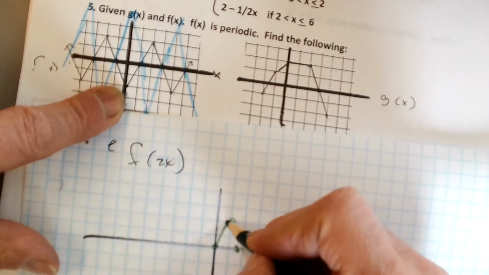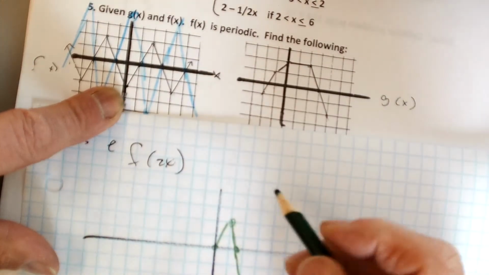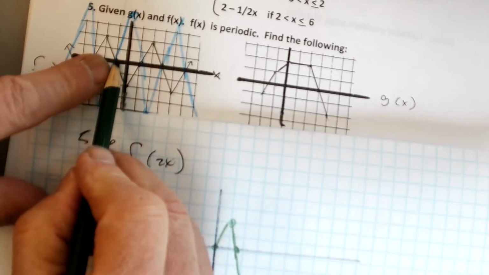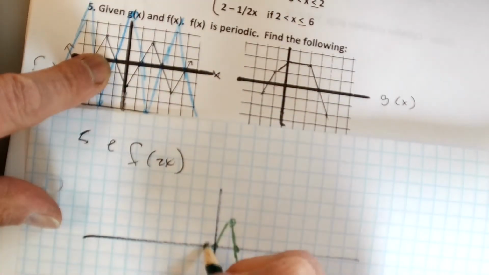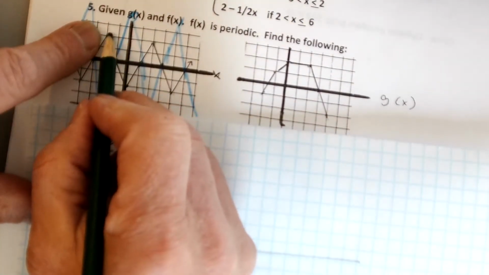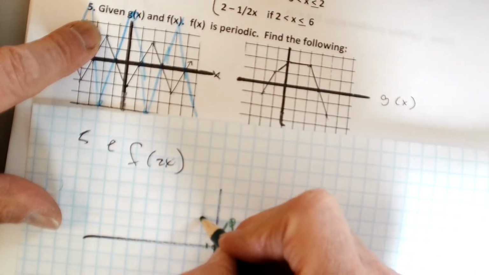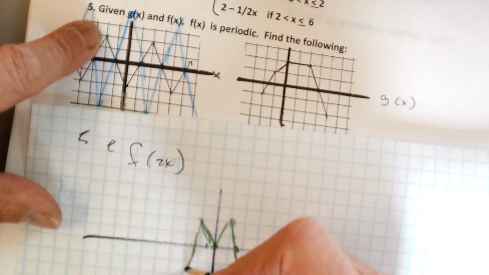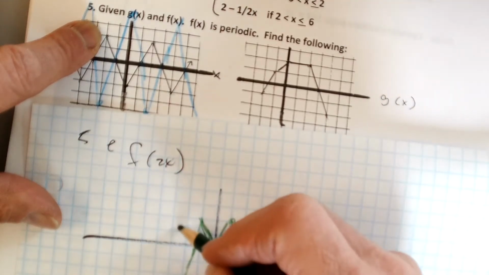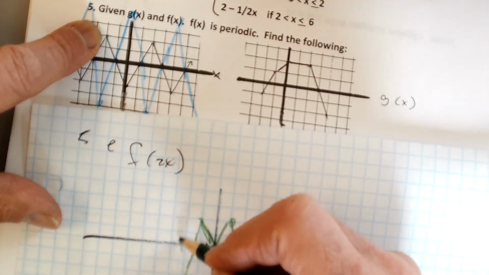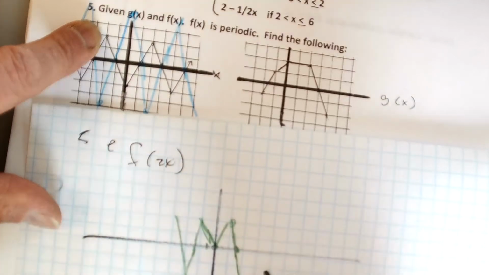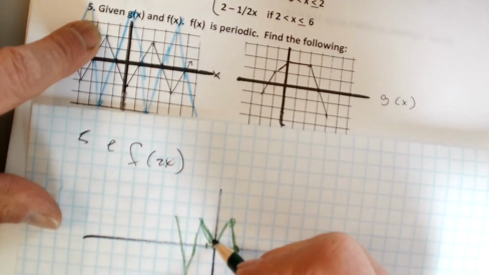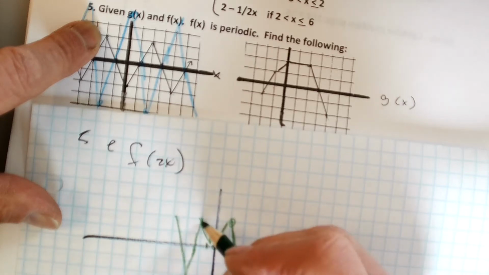I'm kind of getting the idea. It's going to kind of look like this. This point at negative 1 goes to 1/2. This point here is at negative 2, comes into negative 1. And hopefully you can see it's going to look like this. It's going to be half as wide. I had to have made a mistake somewhere. Oh yeah, this has got to go down to here. I did make a mistake.